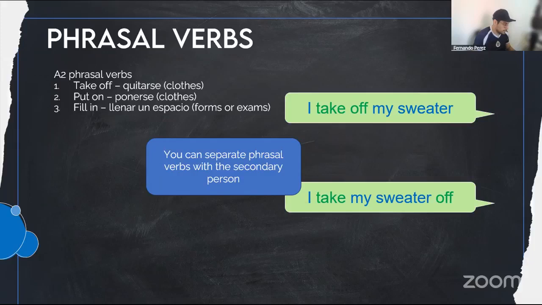Another example. Look up, buscar, in a dictionary or the internet. Pay back, pagar de vuelta.